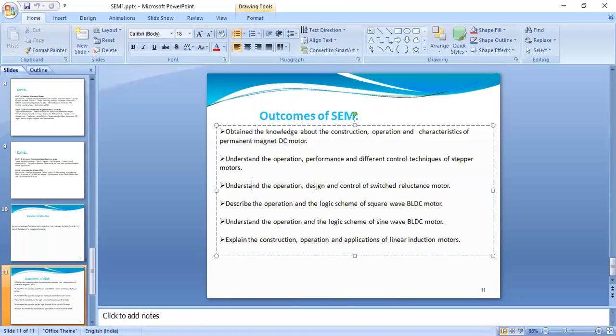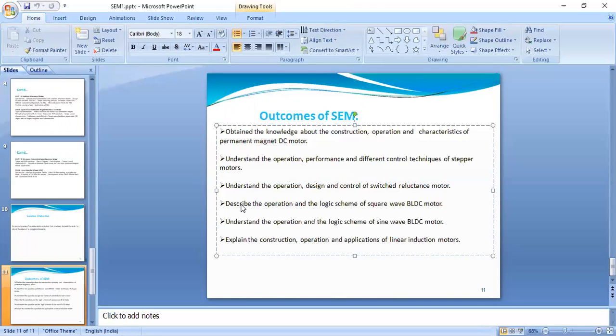By properly designing that, we will get higher efficiency for the motor. So he should also be able to design the stator pole and rotor pole of the switched reluctance motor, and he should be able to control the switched reluctance motor.